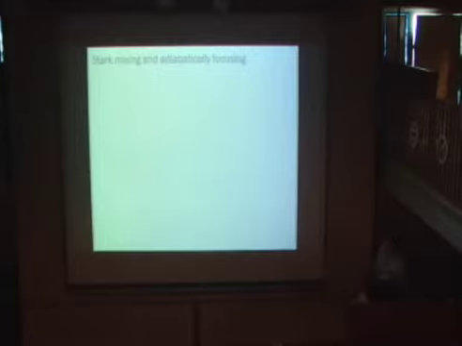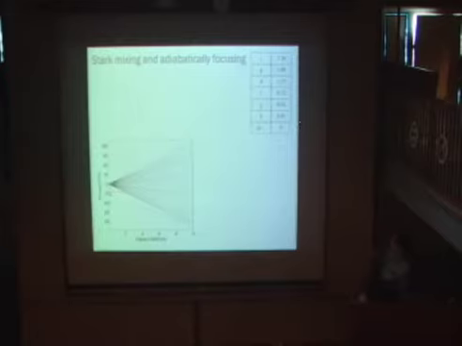The other scheme is to use Stark mixing and the adiabatic focusing method. We assume a molecule has quantum defects for the different L states, and we put it in an electric field and get this Stark manifold. If we put the electric field at 10 volts per centimeter, the energy splitting is about 2.5 gigahertz.